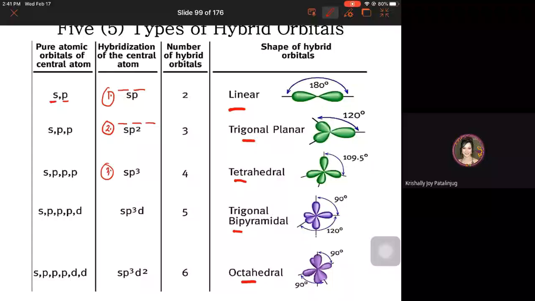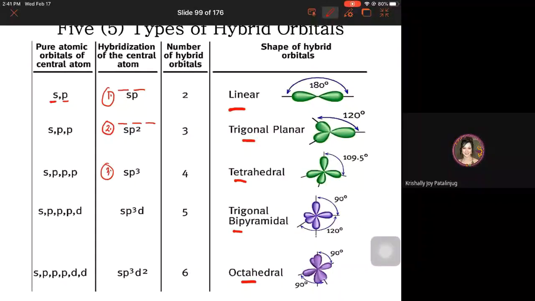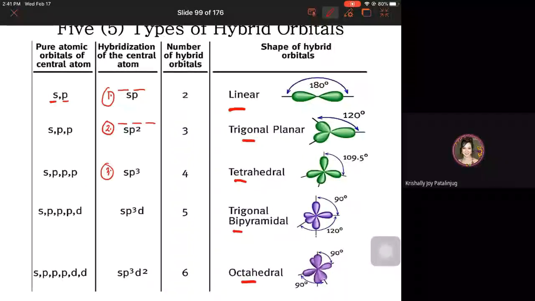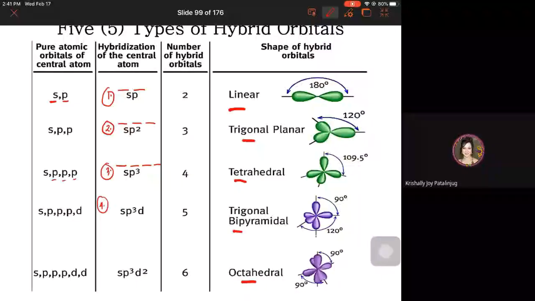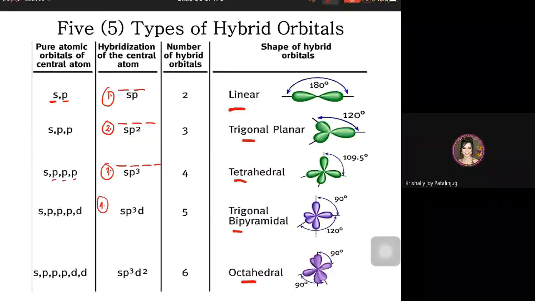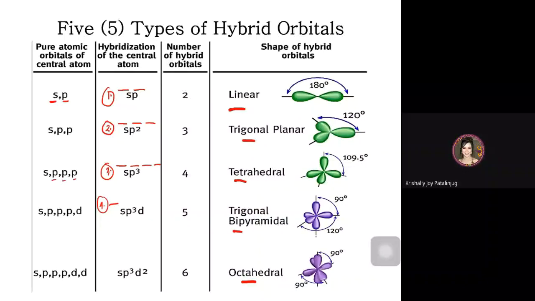Okay? So when we say sp3, nagmix ka ng isang s, 3 p, so sp3, equivalent to 4 na hybrid orbitals. Okay? sp3d, so you have s, then 3 p, isang d.